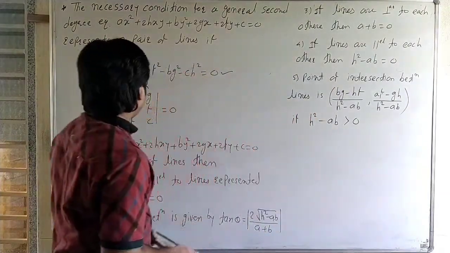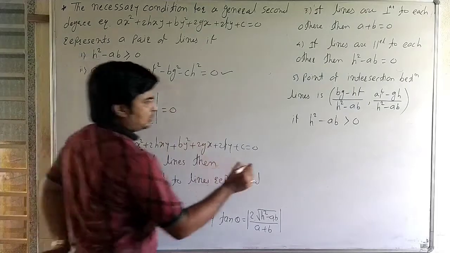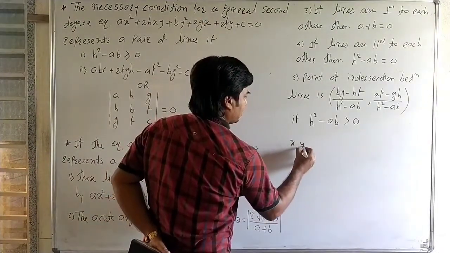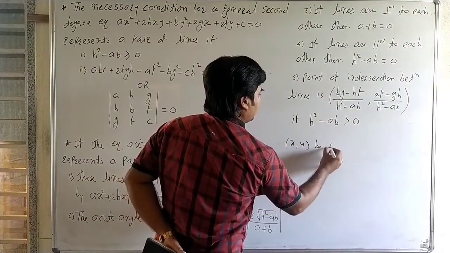We find the point of intersection as follows. Suppose (x, y) is the point of intersection.